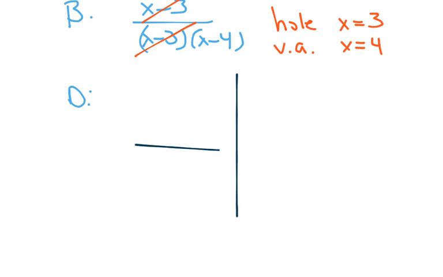So I would say, in order to get a decent graph, you know two things are happening. One of them is that at 1, 2, 3, 4, there is a line that the graph does not cross. And the other thing, you know that at x equals 3, there's actually a hole in the graph. So if you want to use your calculator to help you graph this, that's fine.